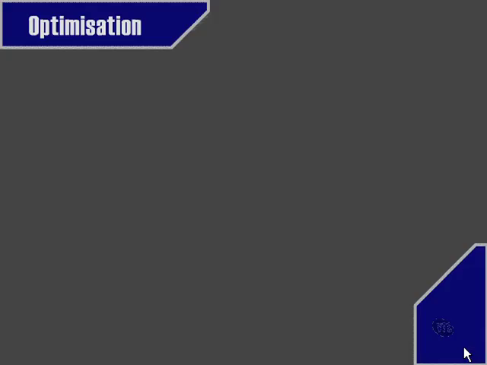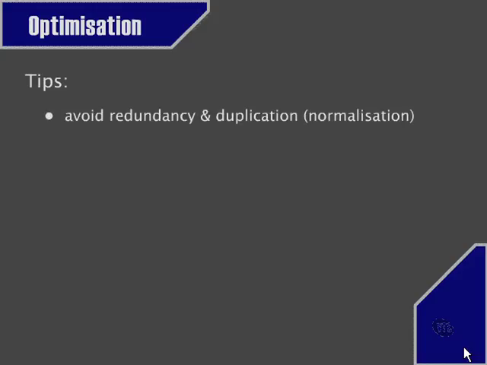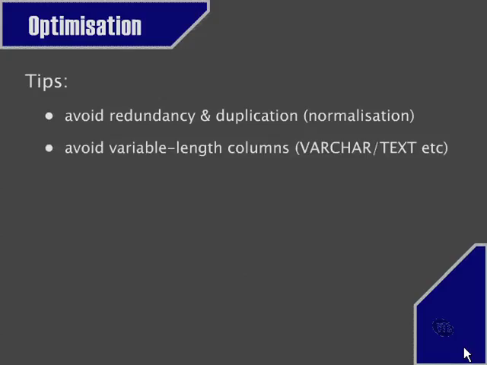Here, though, are some general tips for optimization within your database system. To begin with, avoid redundancy and duplication within your database design. We've looked at some ways to do that in the last movie with the normal forms. You should also, wherever possible, avoid variable length columns, such as varchar and text.